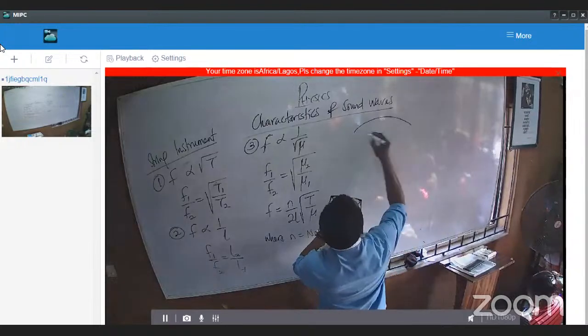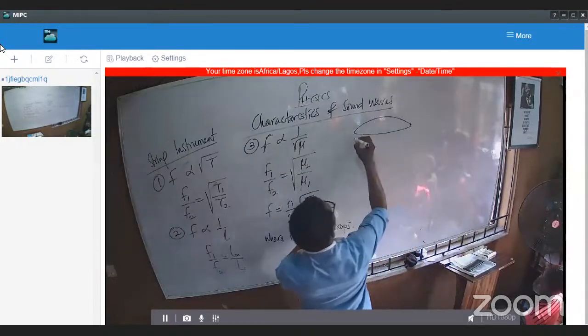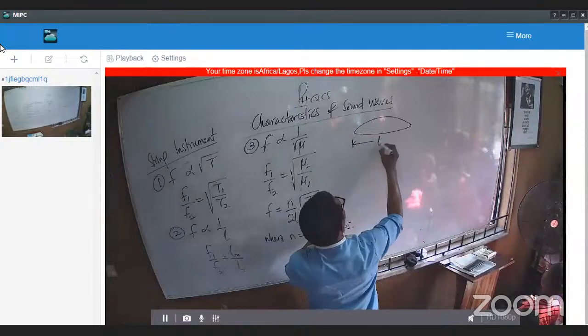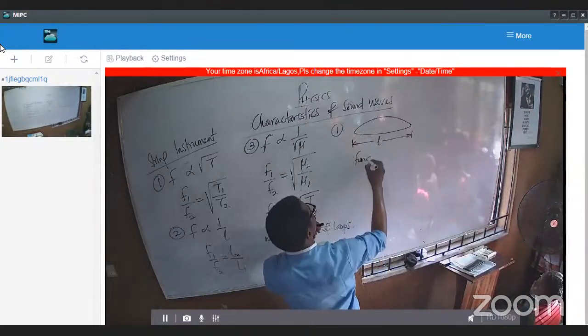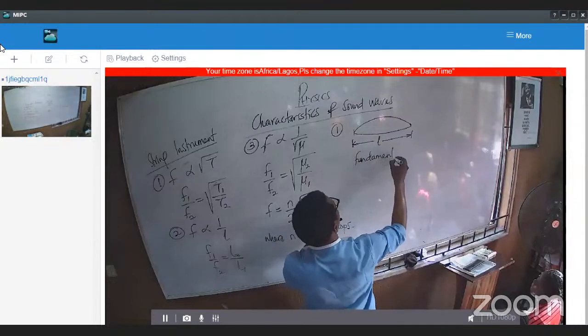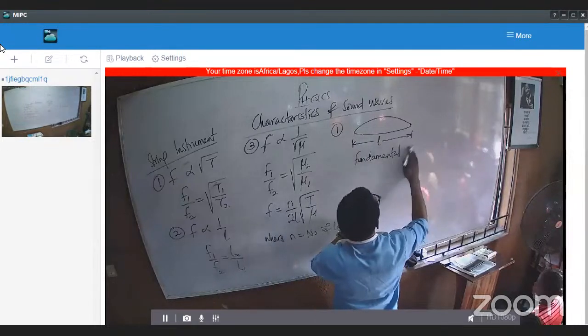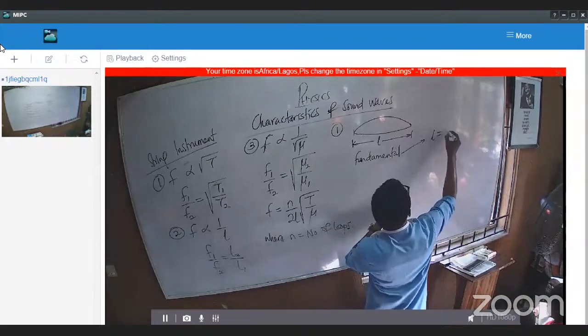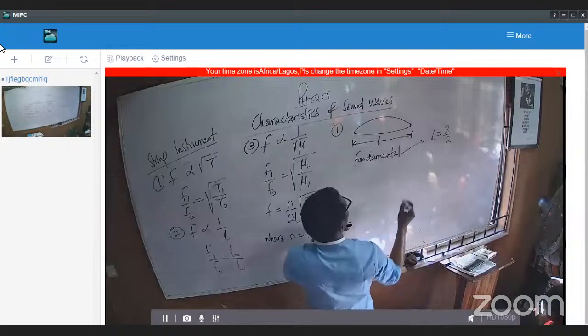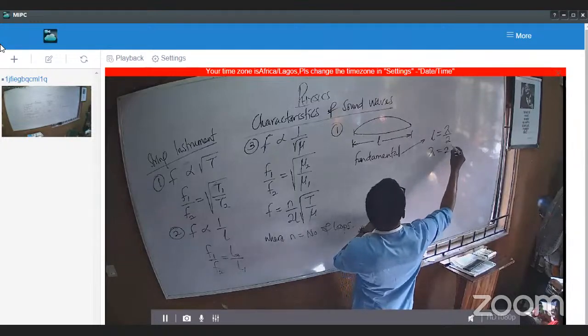Then for string instruments, you have this. This is our L, the fundamental stage. In the fundamental stage, L is lambda over 2, or lambda is 2L.